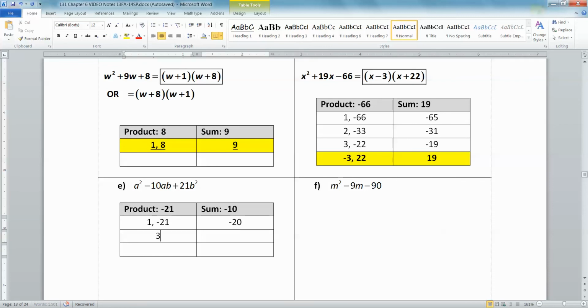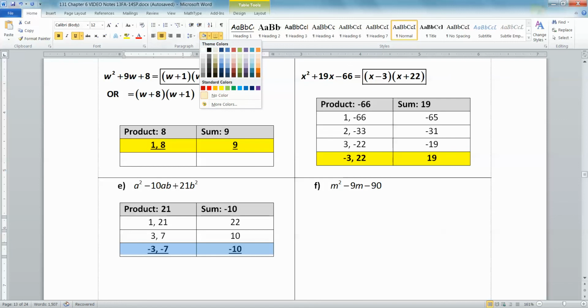That's no good. 3 and 7, that would make positive 10. Oh, okay, that's close. So what if I made them both negative? If I made negative 3 and negative 7, that would make negative 10. So they would multiply to positive 21, but they would add up to negative 10, right?